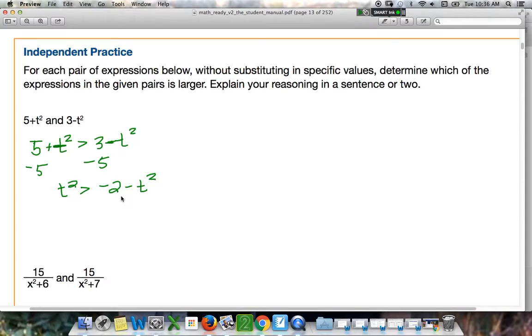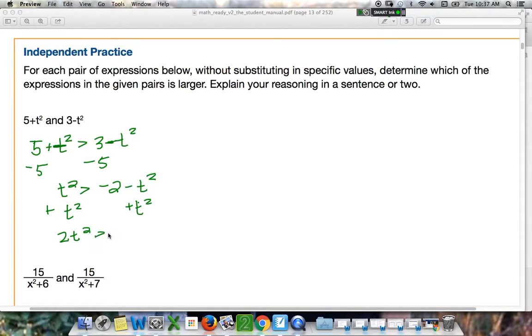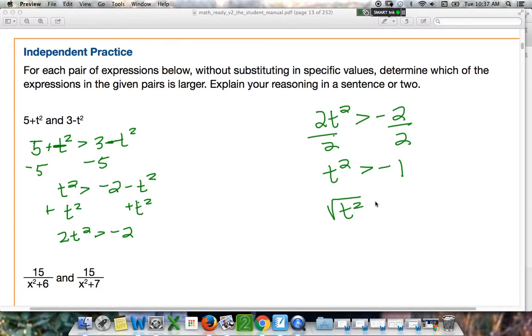Okay, and then if I got the t's together by adding, I would get 2t squared is greater than -2. And to solve that one, I would divide by 2 and get -1. Now to solve for t, I would take the square root of both sides, with the plus or minus in front when you square it.